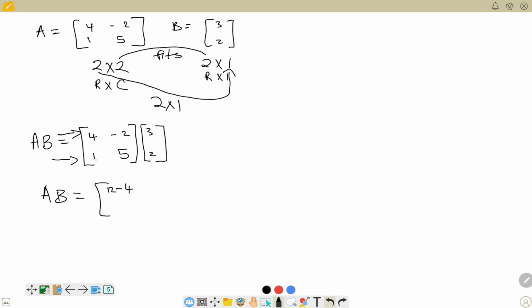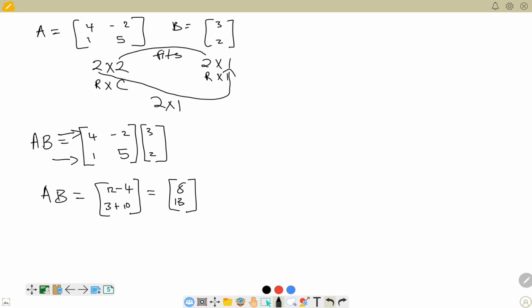Then we need to multiply 1, 5 and 3, 2. So 1 will multiply 3, then we'll get 3. 5 will multiply 2, and we get plus 10. And then the resulting 12 minus 4, it's an 8. 3 plus 10 is 13. So we are done with that.